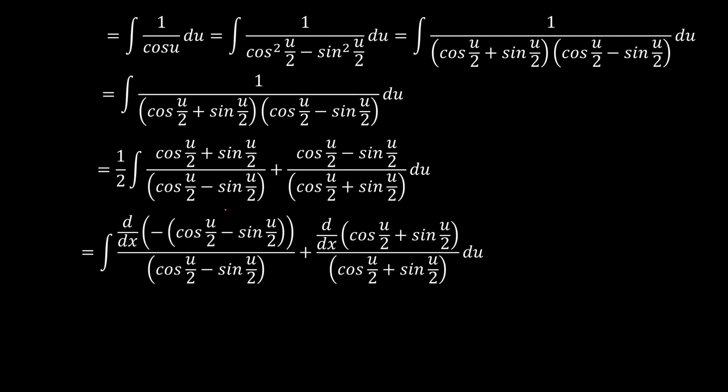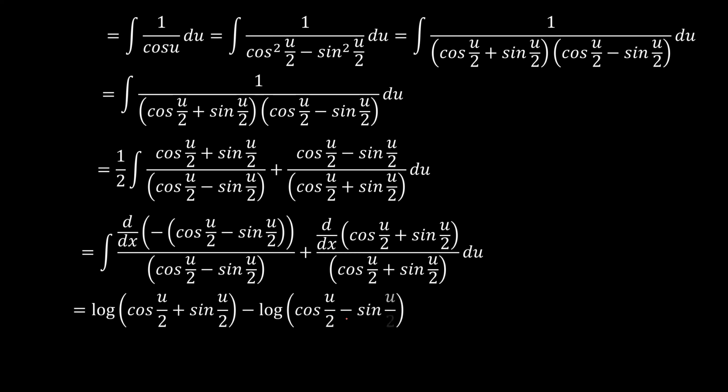The numerator here is the same as the derivative of the denominator, negative. And this here is the same as the derivative of the denominator. So essentially we have natural logarithm of cosine u over 2 plus sine u over 2 minus natural logarithm of cosine u over 2 minus sine u over 2, and then plus the integration constant.